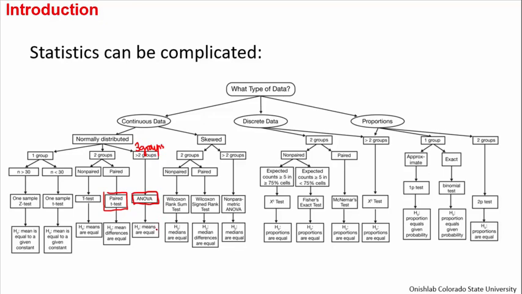But the most important value of this video is helping you avoid the pitfalls by pointing you to the correct test. If you, for example, have skew data, you might have to do a Wilcoxon signed rank test depending on your experiment, or maybe you have to do a Fisher's exact test.